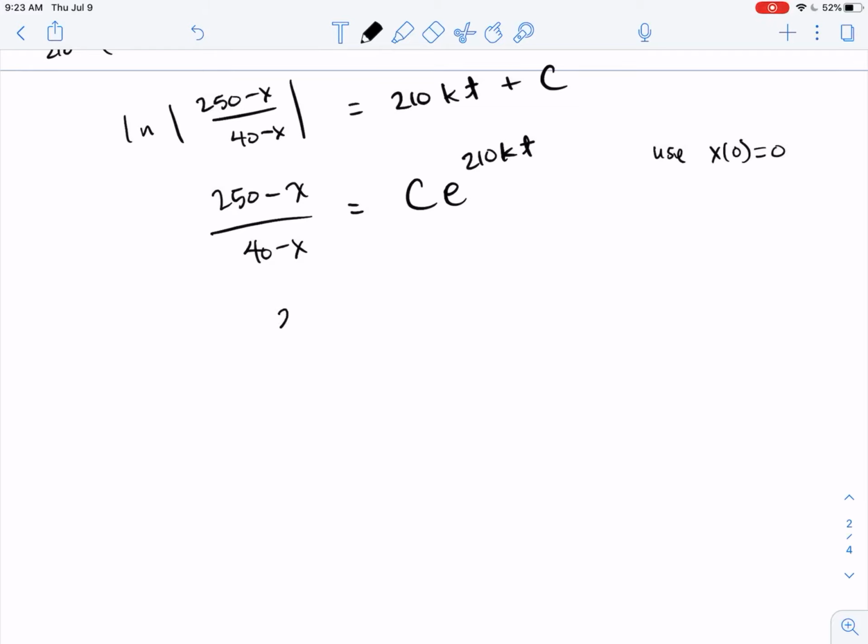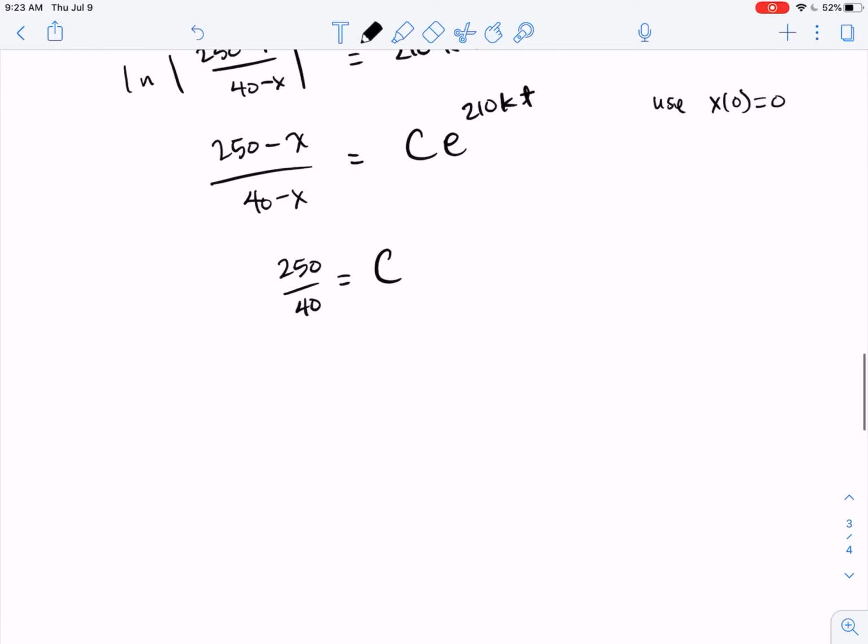If I plug in, I get 250 over 40 equals c. So we can plug that in.